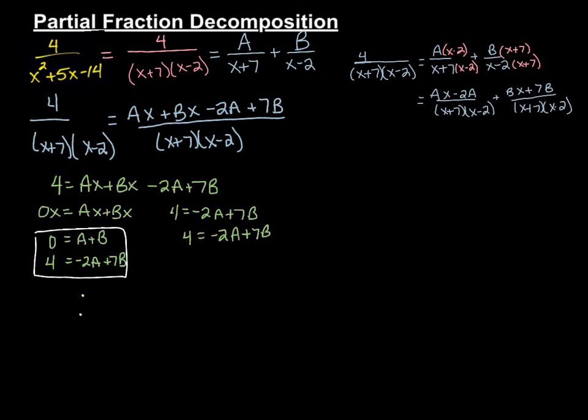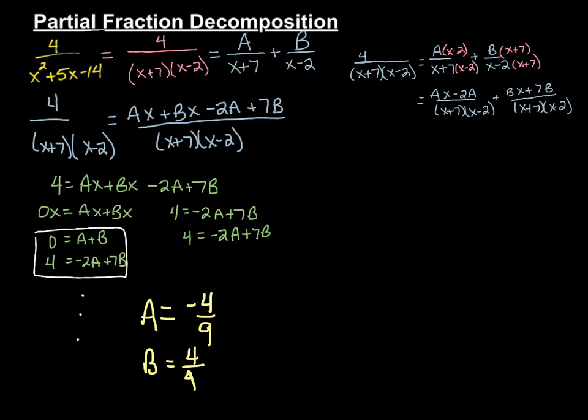After you solve this system of equations, you can use any method: solving by substitution, by elimination. You can try and graph these. You can even put them in matrices and get the solution that way. But any way you do it, you should be getting A to equal -4/9 and B to equal +4/9.